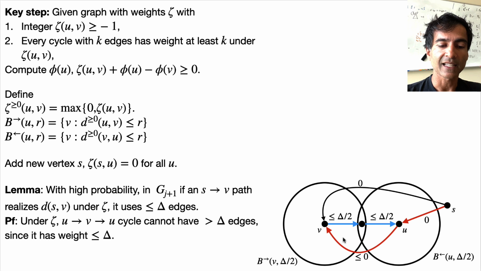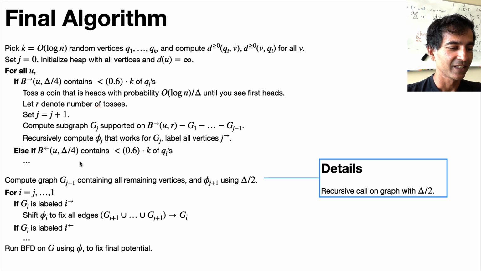You still obtain a cycle here whose total weight is at most delta. Actually, it's whose total weight in our application is delta over 2, right? Because we had balls of radius delta over 4. And that means the number of edges that you encounter here is bounded by delta over 2, roughly. Okay, so you obtain that this recursive call reduces the parameter delta by a constant factor.